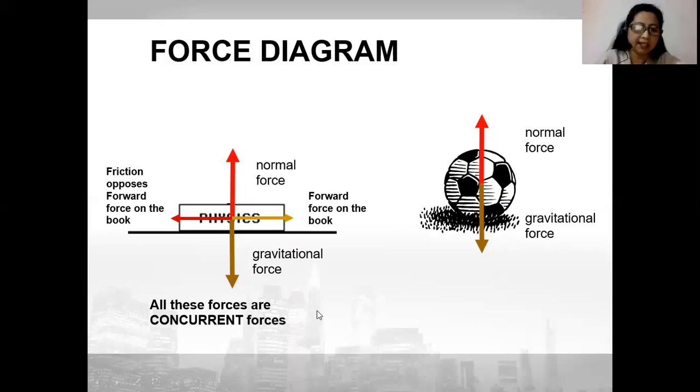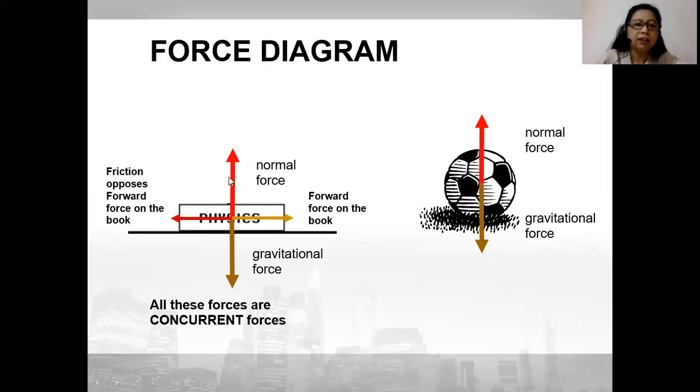For this case, the object is moving because of the forward force. However, this forward force is counterbalanced by frictional force. For this particular example, the object is moving. Okay, the object is moving.